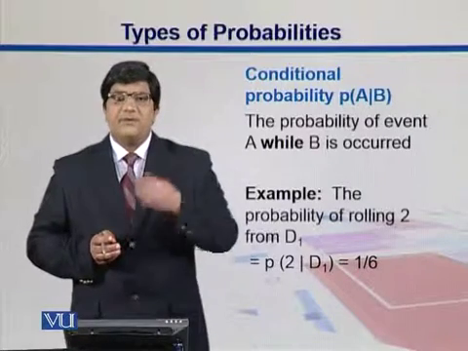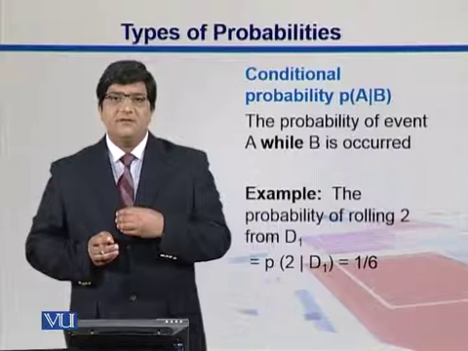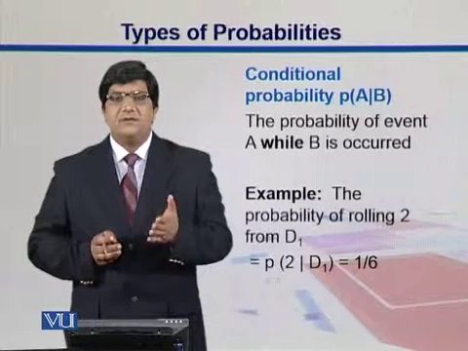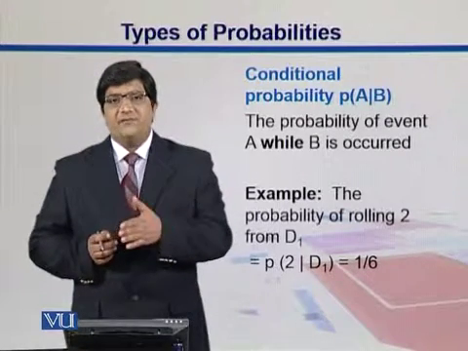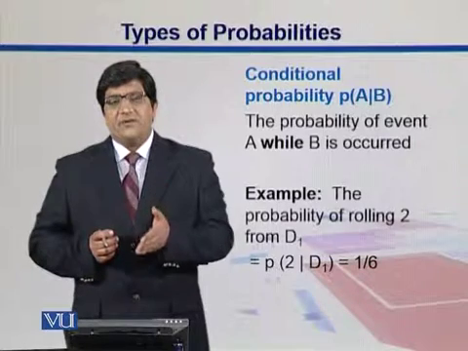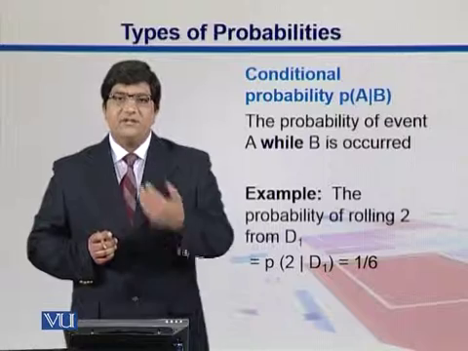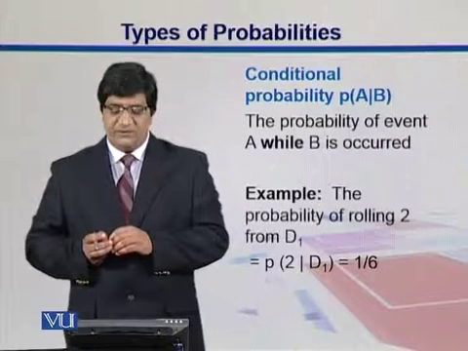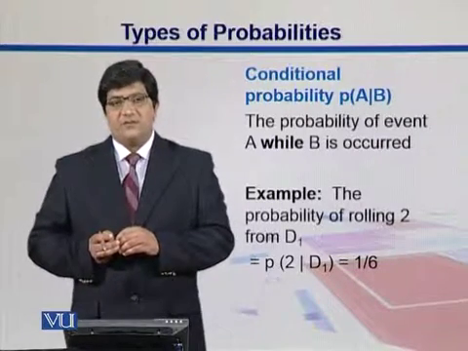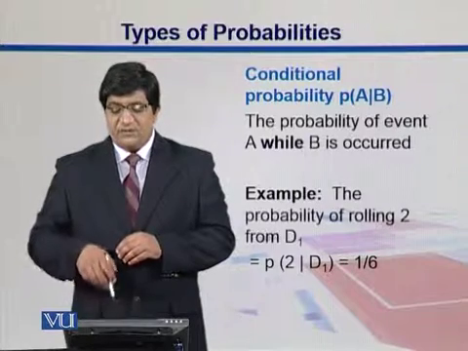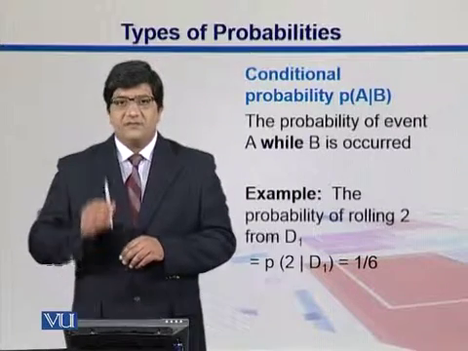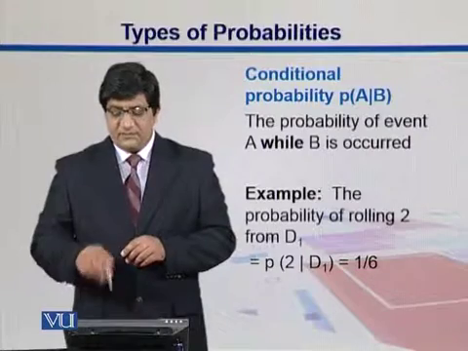You are not getting the probability of 2 and D1; you are getting the probability of 2 given D1. Within D1, the probability of seeing 2 is obviously 1 by 6. We denote this conditional probability with this straight line sign.